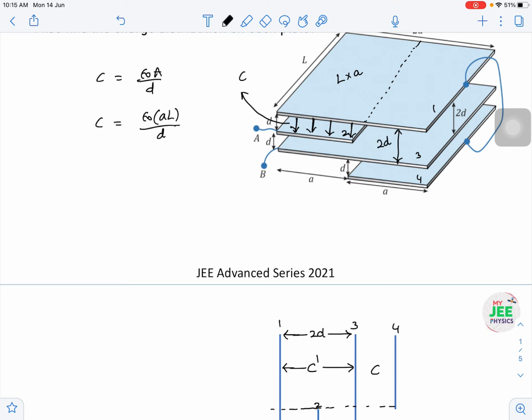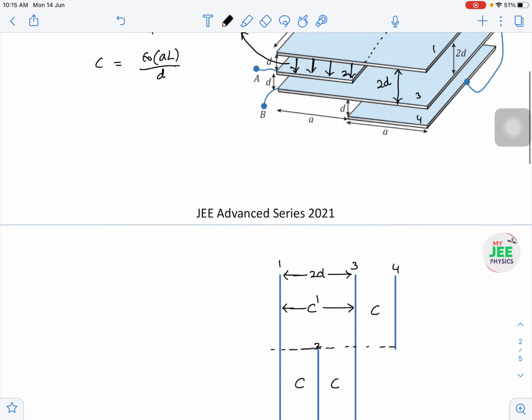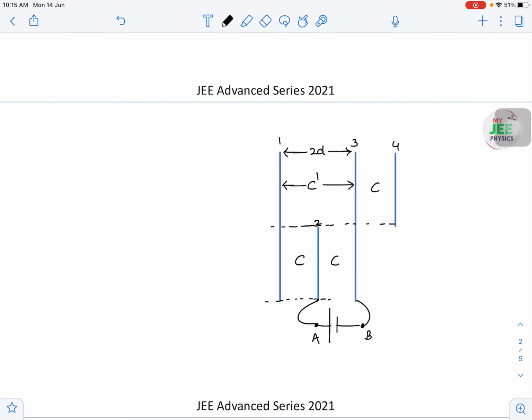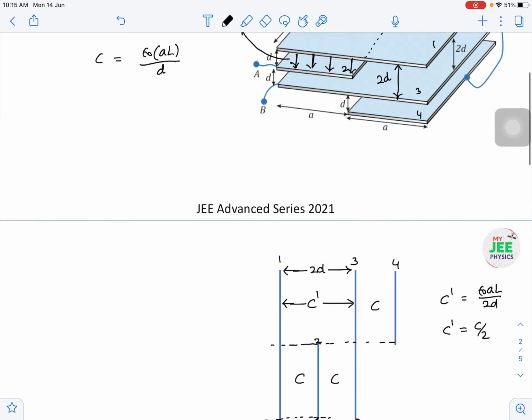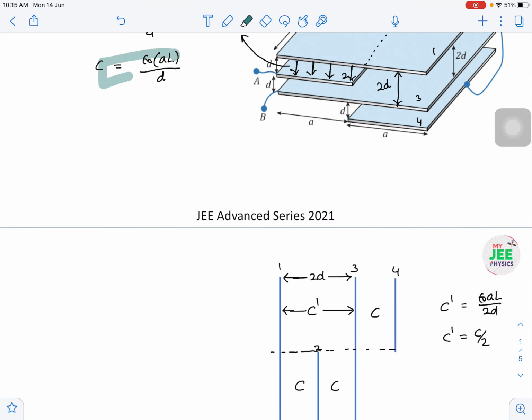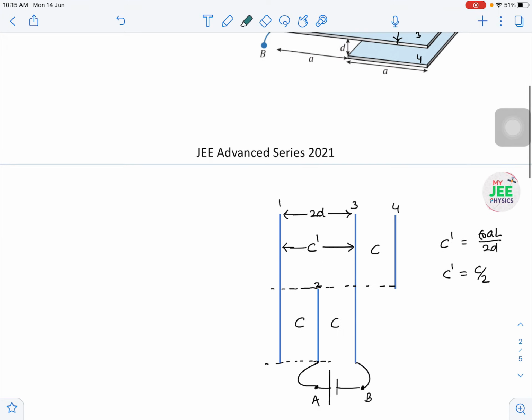The distance is double and the area will be the same, A into L, for the upper half of the first plate and the upper half of the third plate. Then C dash is equal to epsilon naught A into L by 2D, which is C by 2, because I have taken C equal to epsilon naught AL by D.